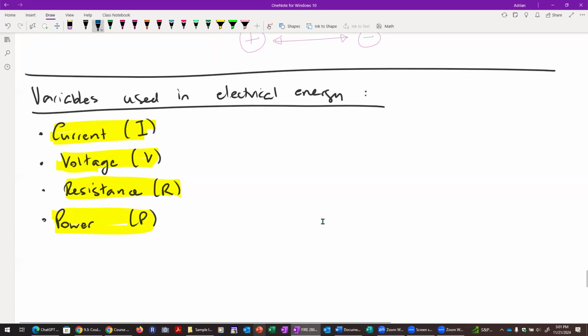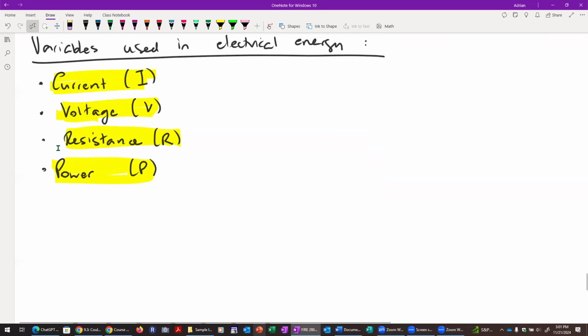I'll try to make some analogies to what these actually represent. So current we can think of as the flow of electric charge through a conductor.